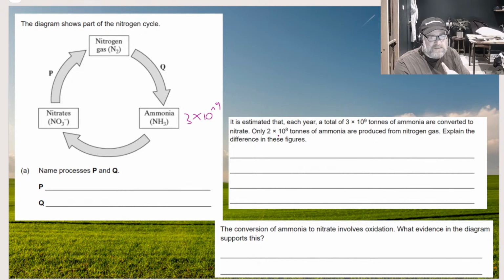Only 2 times 10 to the 8, a smaller number, with a zero knocked off, of ammonia are produced from nitrogen gas. So they're saying that 2 times 10 to the 8 is made straight from nitrogen gas during nitrogen fixation.